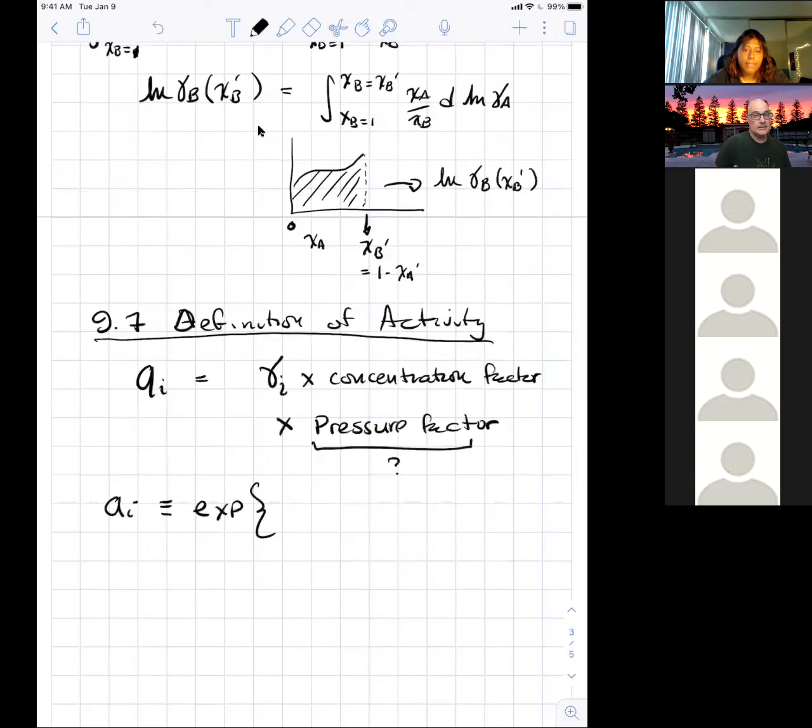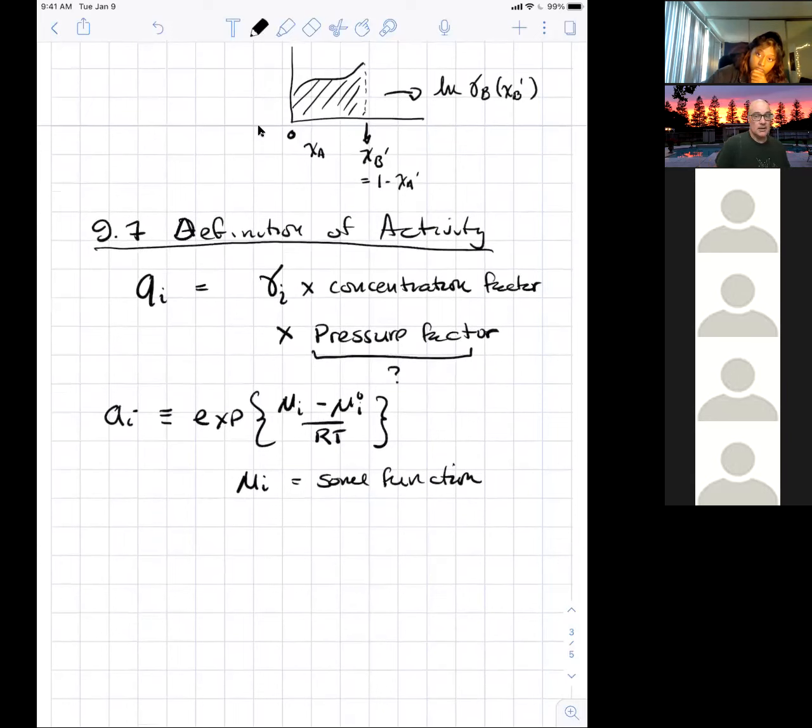right? The effective concentration or activity is always going to be a difference of chemical potentials. And this is a bit of a compression, right? Because that chemical potential of species I is going to be some function of all the stuff that we've looked at so far. We're going to insert these things in here.